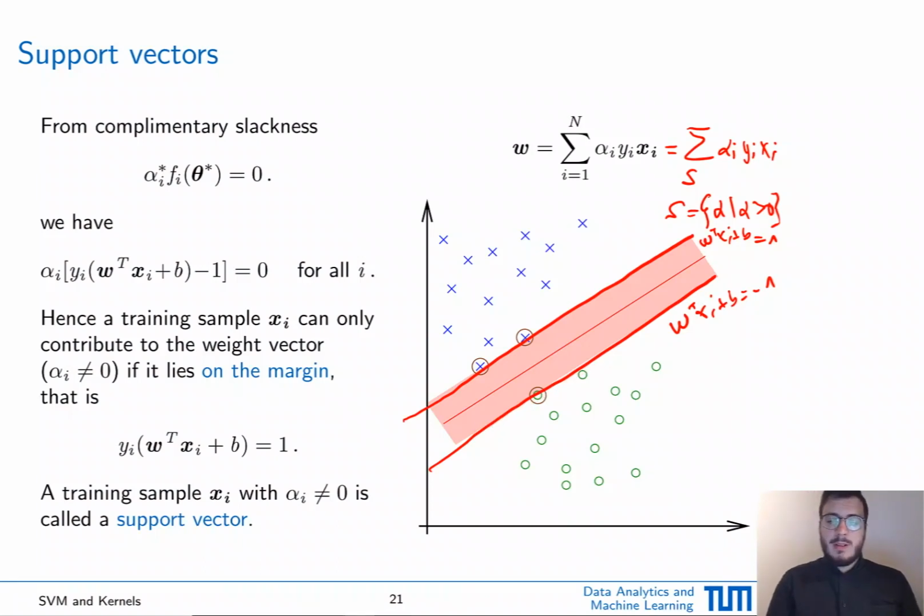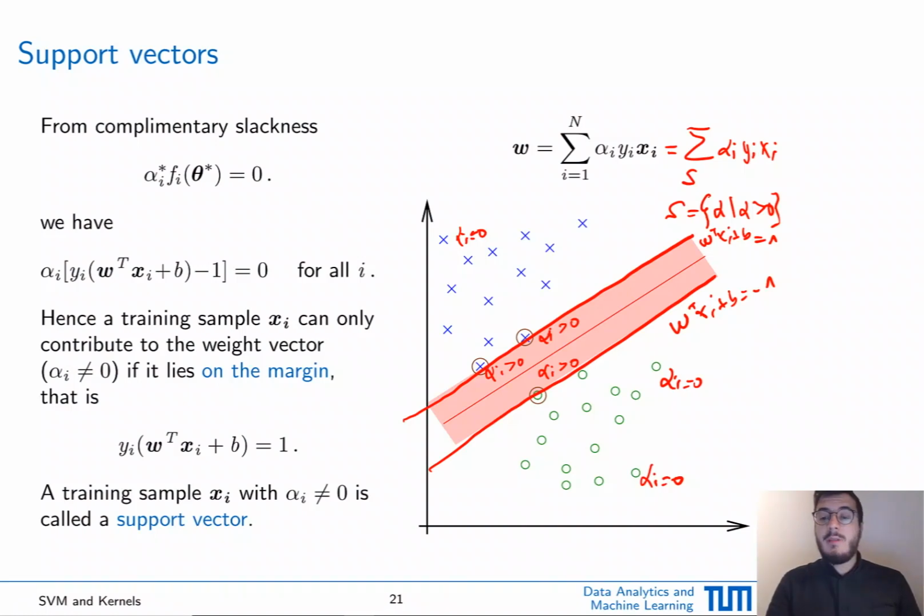One more time, for the support vectors, it holds that alpha i is bigger than 0, the same here and here. But for any of the other input points, alpha i is necessarily 0. And this comes from the complementary slackness condition. So for all of these other data points, alpha i is 0, and only for the support vectors, alpha i is non-zero. So what is one thing that's interesting that comes out of it?